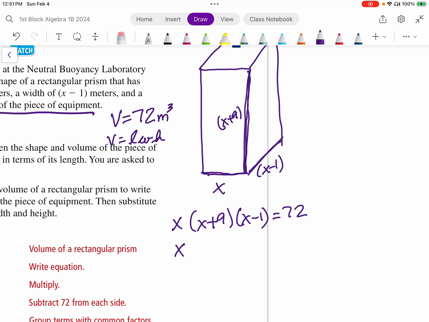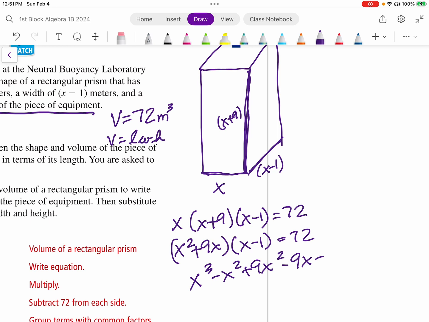x times x, x squared, x times 9, 9x, x squared times x, x to the third, x squared times negative 1, minus x squared. 9x times x, 9x squared, 9x times negative 1 is negative 9x, all equals 72.